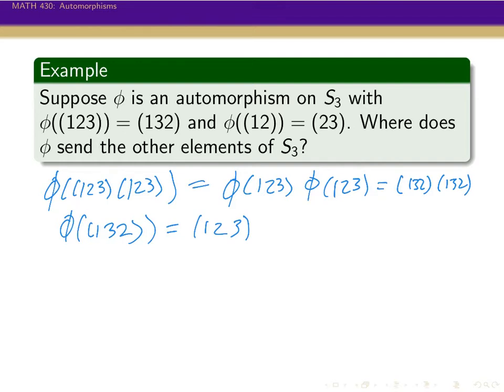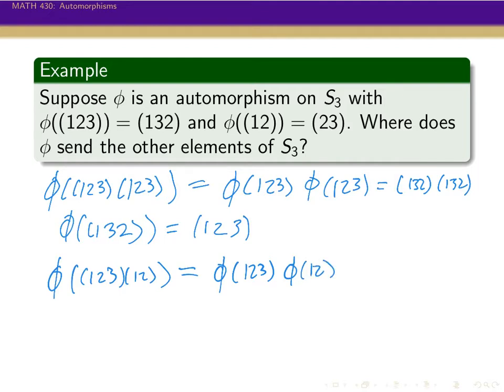So now we have phi of (1 2) is equal to (2 3). So what happens if we do phi of (1 2 3) applied to (1 2)? This would be phi of (1 2 3) times phi of (1 2).